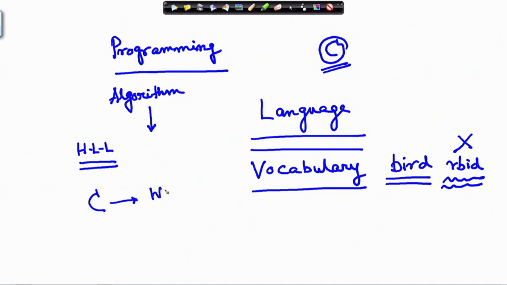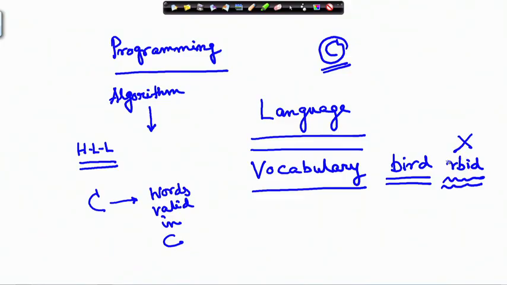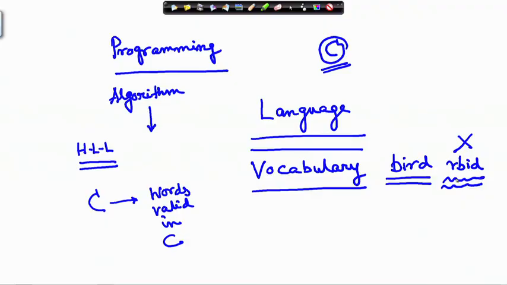The words valid in C. Now, if I had written some word in English that is not some string, some pattern in English like RBID, unless this has got some special meaning, if this is a part of a sentence, this will not be very clearly understood by anybody.